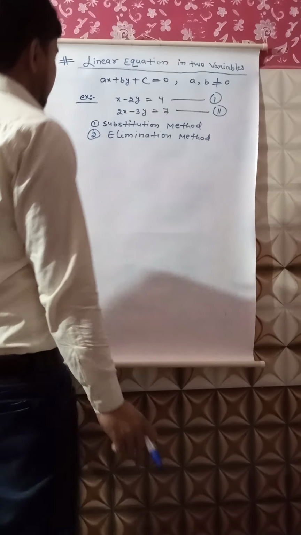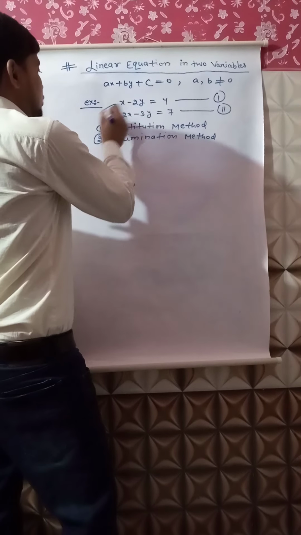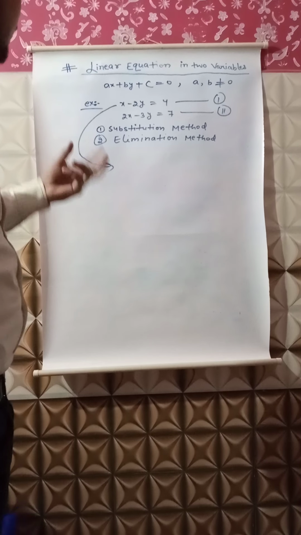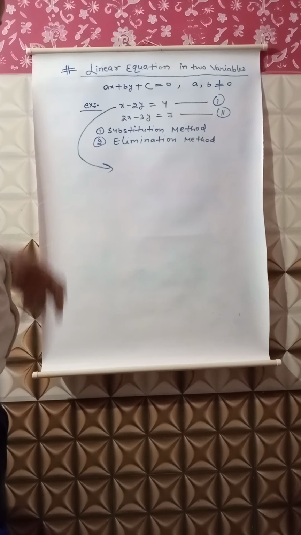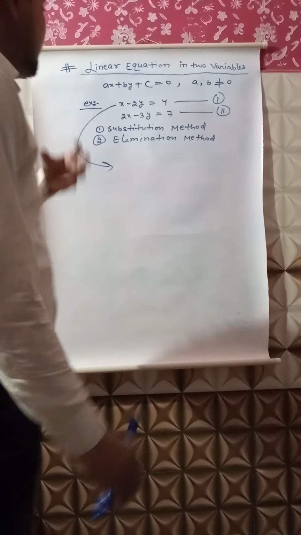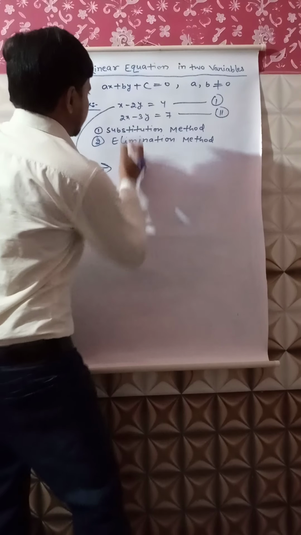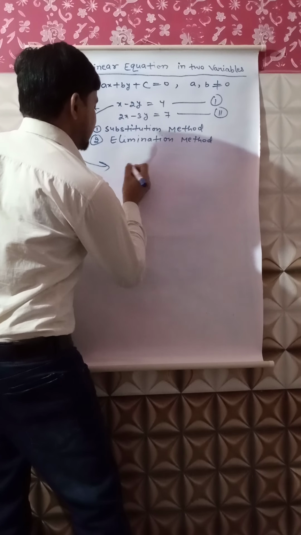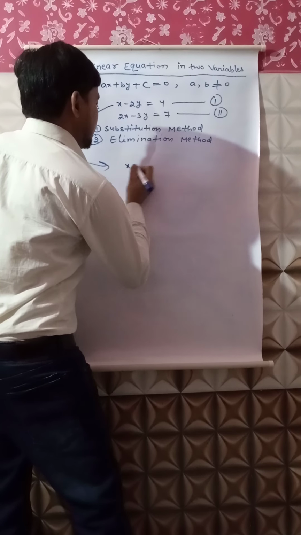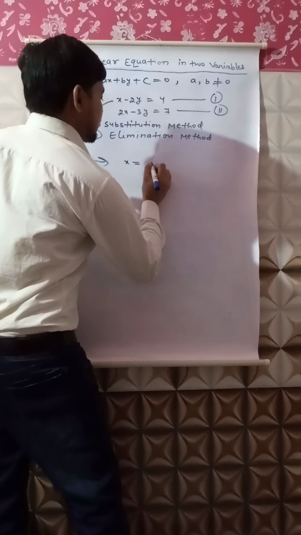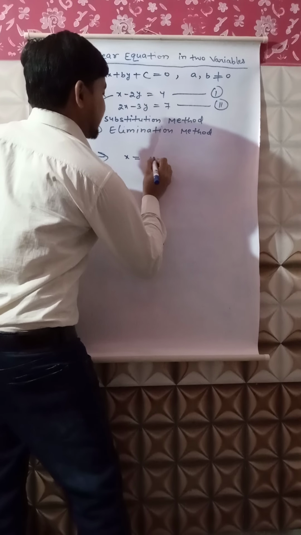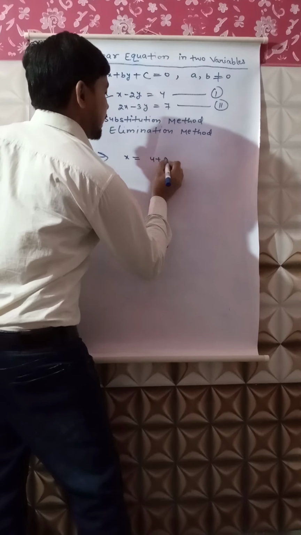So using the substitution method, I am going to find the values of x and y. In the substitution method, what we do is calculate the value of x or y from either equation and put that value in the other equation. Like from equation 1, we find the value of x. So x will be 4 plus 2y.